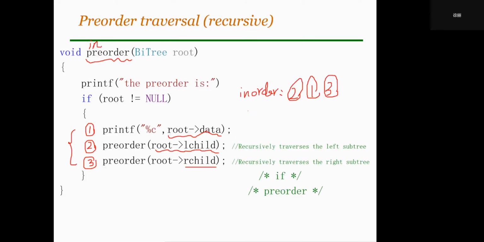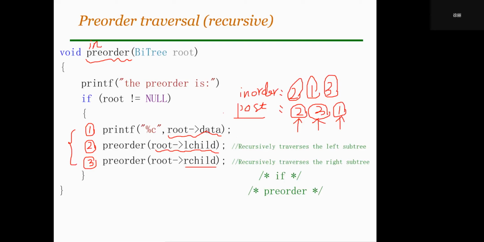So for the post-order recursive, it will be two, three, and one, right? Because for the post-order traversal, the first step is to visit the left subtree, the second step is to traverse the right subtree, and the third step is to visit the root, right?